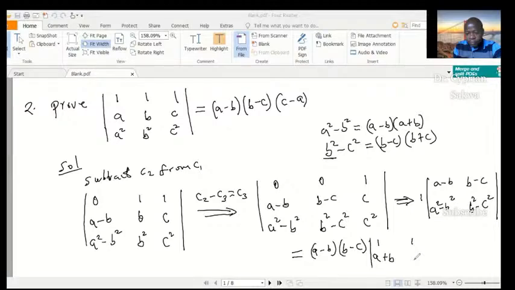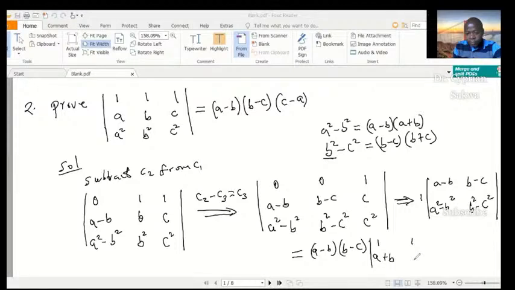Now, the determinant here will be B plus C, then minus this. So we multiply along this diagonal and then subtract the result from the product of this diagonal. So the product of this diagonal is minus A minus B. Then I subtract it. So you can see B minus B will be 0.